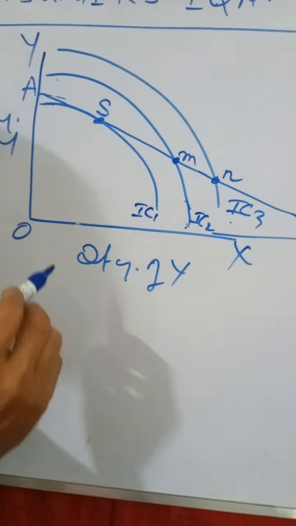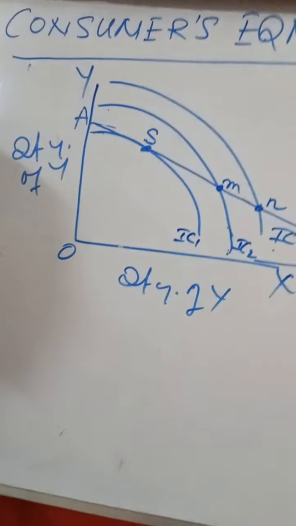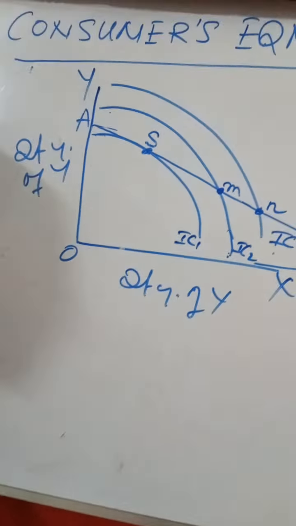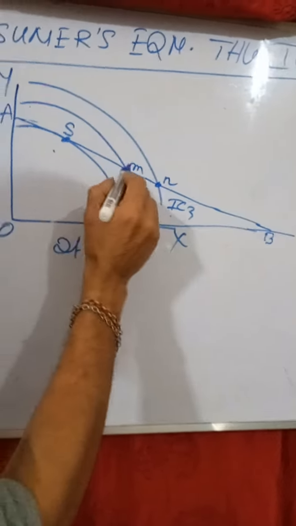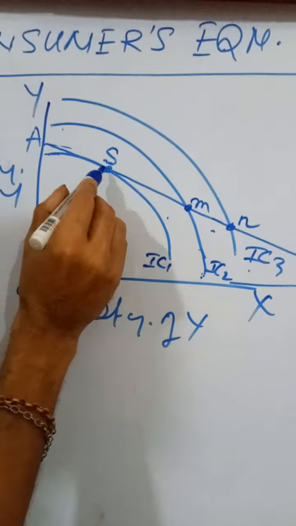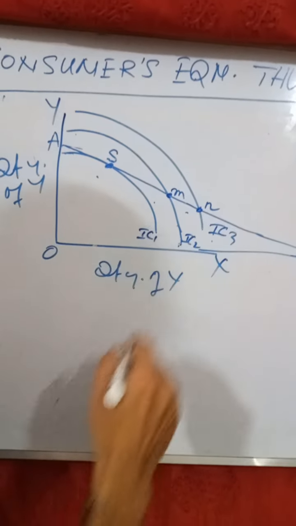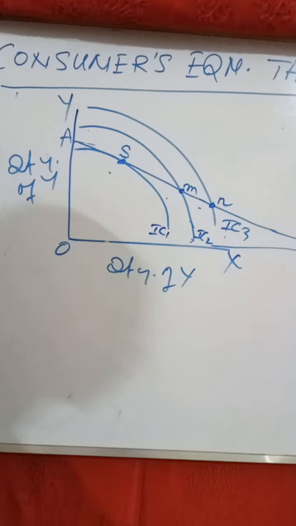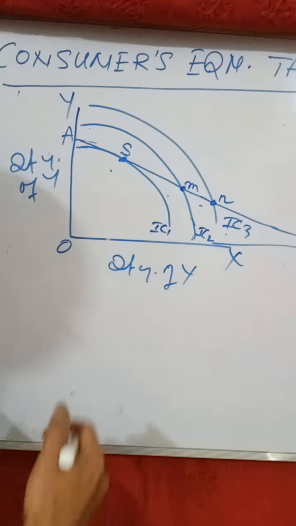So far as satisfaction is concerned, the consumer cannot be indifferent between S, M and N, because M certainly gives the consumer more satisfaction than S, because M is on a higher indifference curve. In the same way, point N and point M cannot give the consumer the same satisfaction. Rather, N will give the consumer a higher level of satisfaction, because N lies on the higher indifference curve IC3.